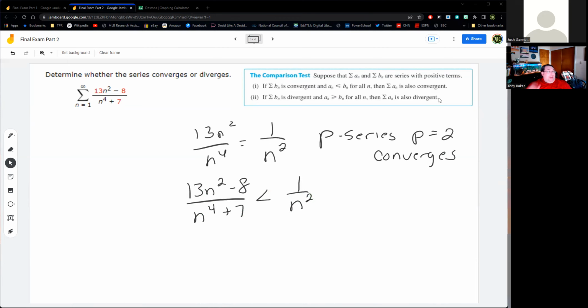So if we look at that, we can't tell that that's always going to be less than it the way that it's set up. So because I can't tell one way or the other, we have to do the limit comparison test.